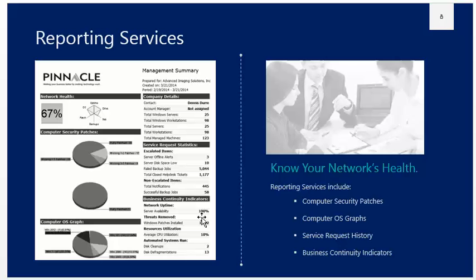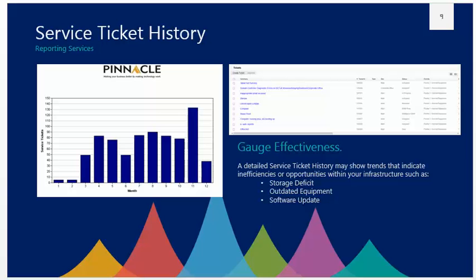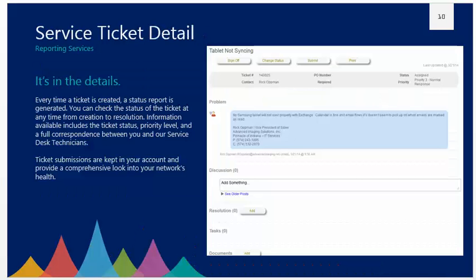If it's not, then it's something that we need to look into as to why that may be going on. As well, you can see service ticket history both in a graphical format, and then the list of tickets, and there are hot links to all of them, so you can go back into them and see the detail if you wanted to.